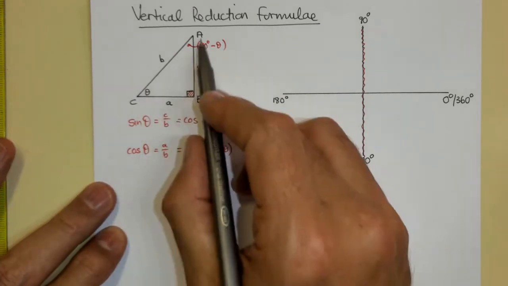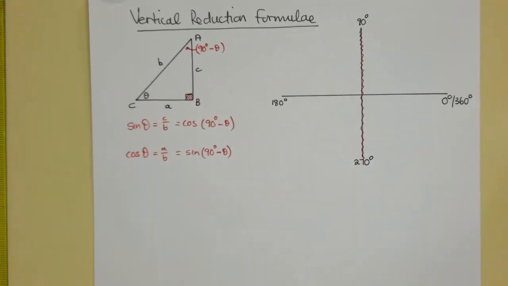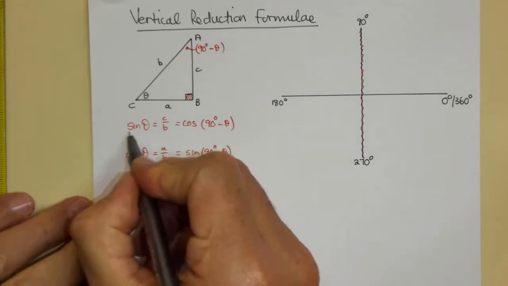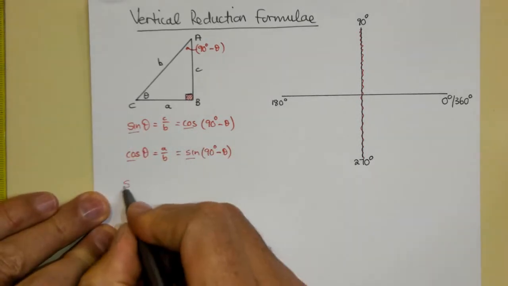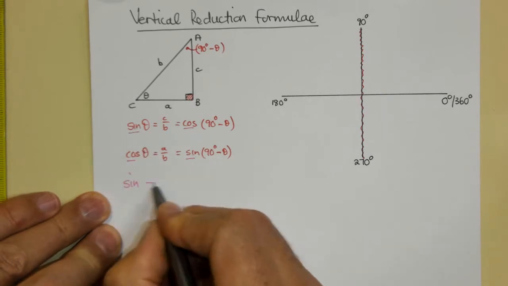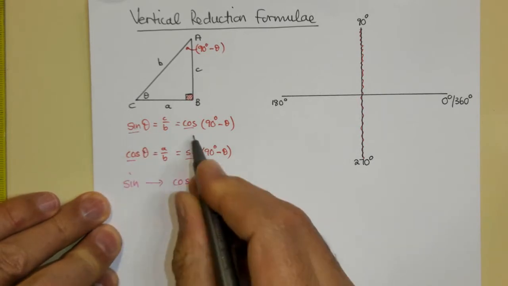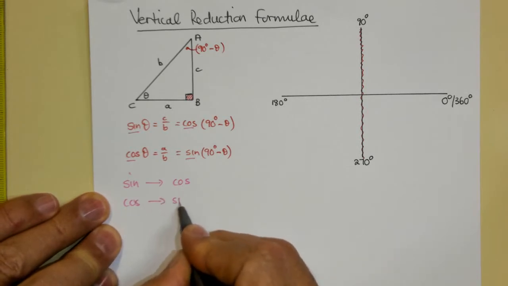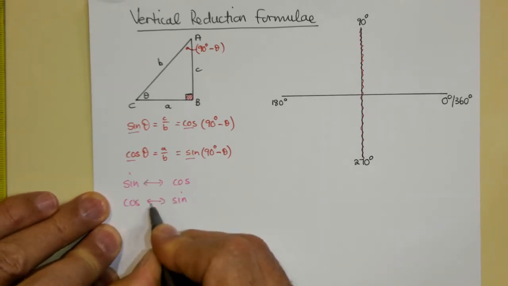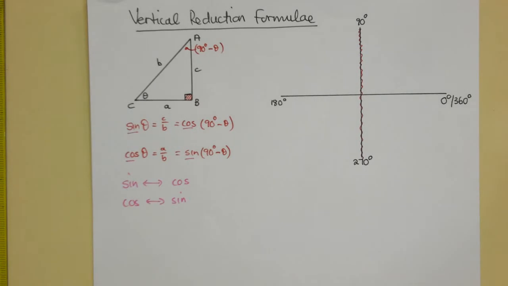So the angles are complementary, and look at this now. We're going to call these ratios complementary. Sine is the complementary ratio to cosine, and cosine is the complementary ratio to sine. So it works in both directions. Okay, I hope that made sense.